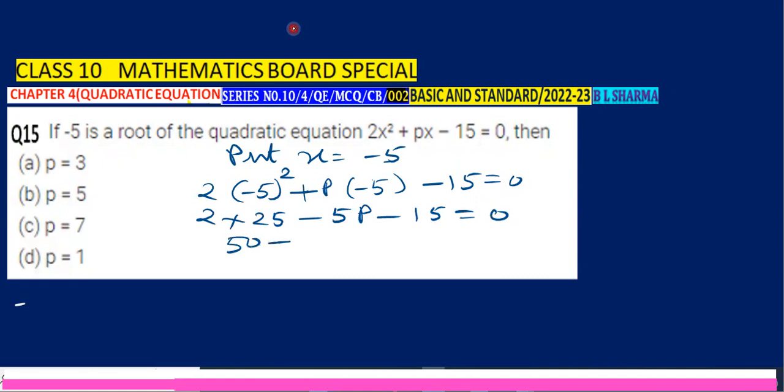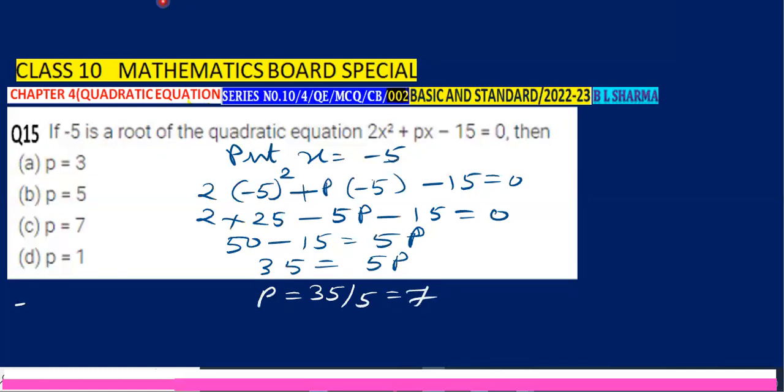So 50 minus 15 is equal to 5p. That is 35 is 5p. So p is 35 by 5, that is 7. So C is the correct option.